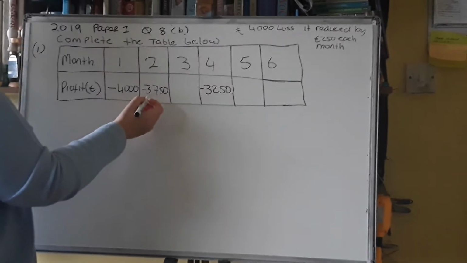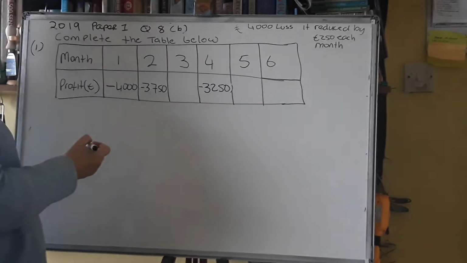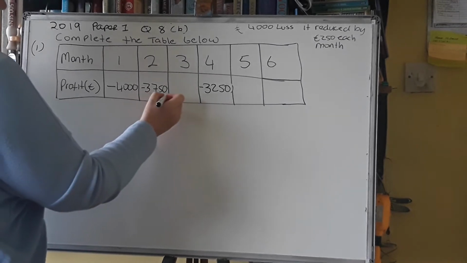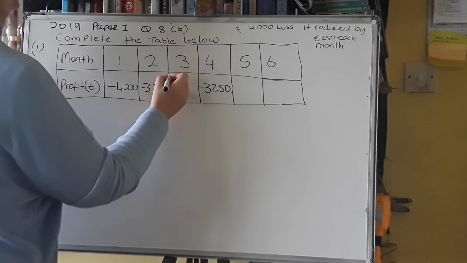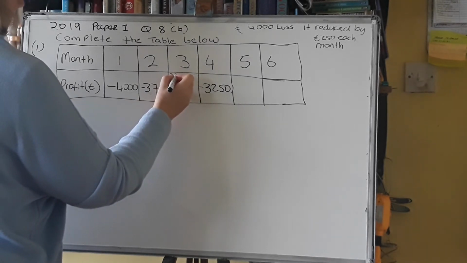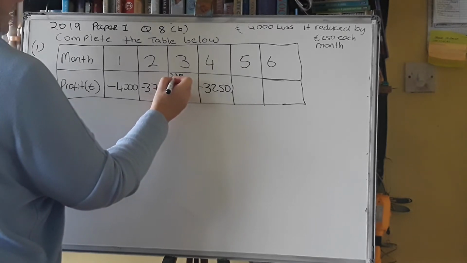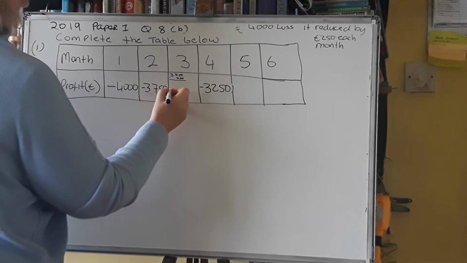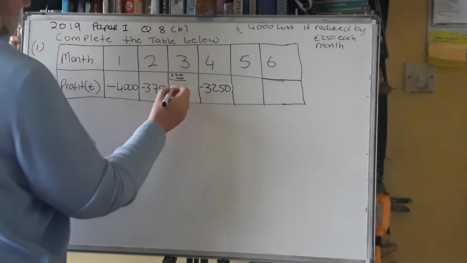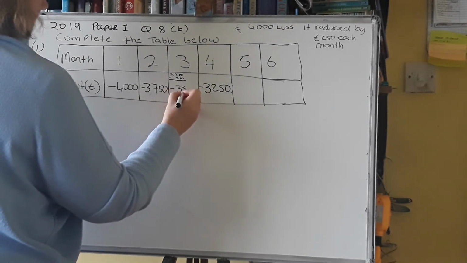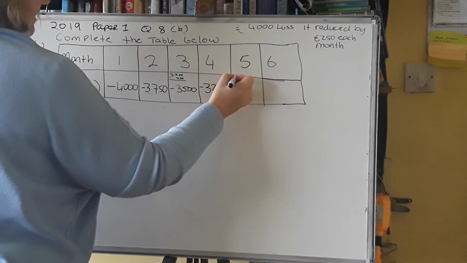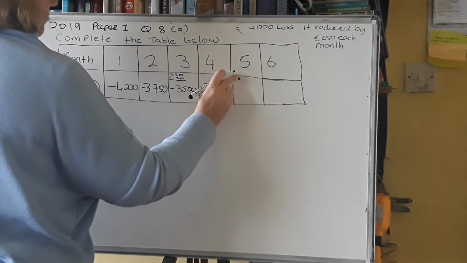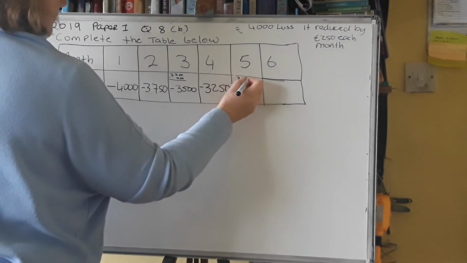Okay, so the amount is reducing by 250 each month. So here, you are going to do the previous month, 3,750, and reduce it by 250, and you will get, remember it's a minus number because it's a loss, minus 3,500. Then you have this one. You start with minus 3,250.